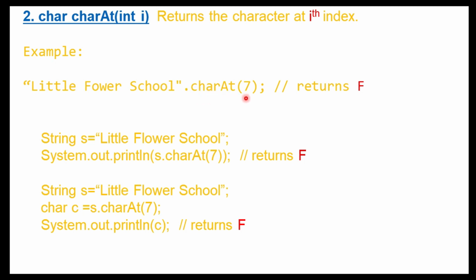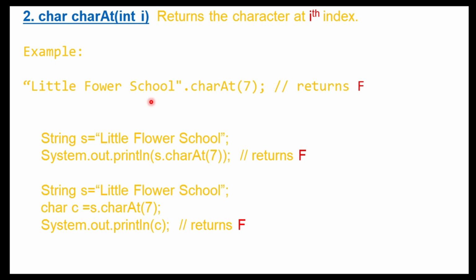Caret 7. Note down very clearly, other than length, in all the positions we will be using the index position. So when you count the characters, the counting always starts from 0.